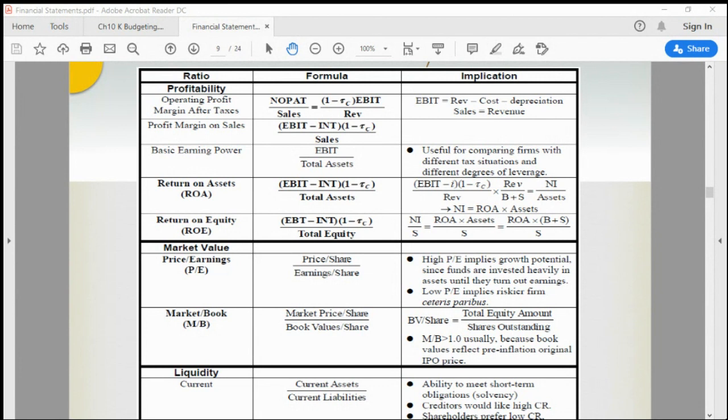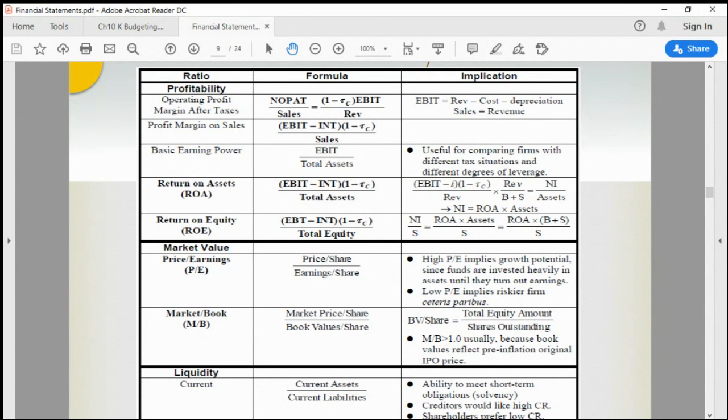All right, first of all, ratio basically means the financial ratios, which are based on the financial statements. The variables in the ratio are particular line items in the financial statements, and it's also called the fundamental analysis.